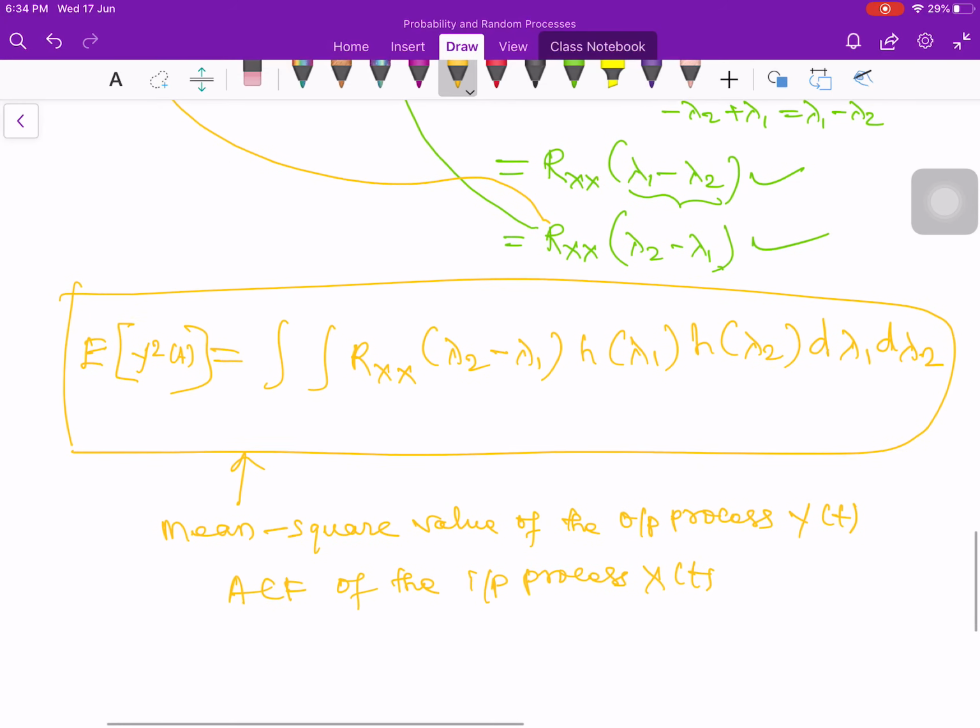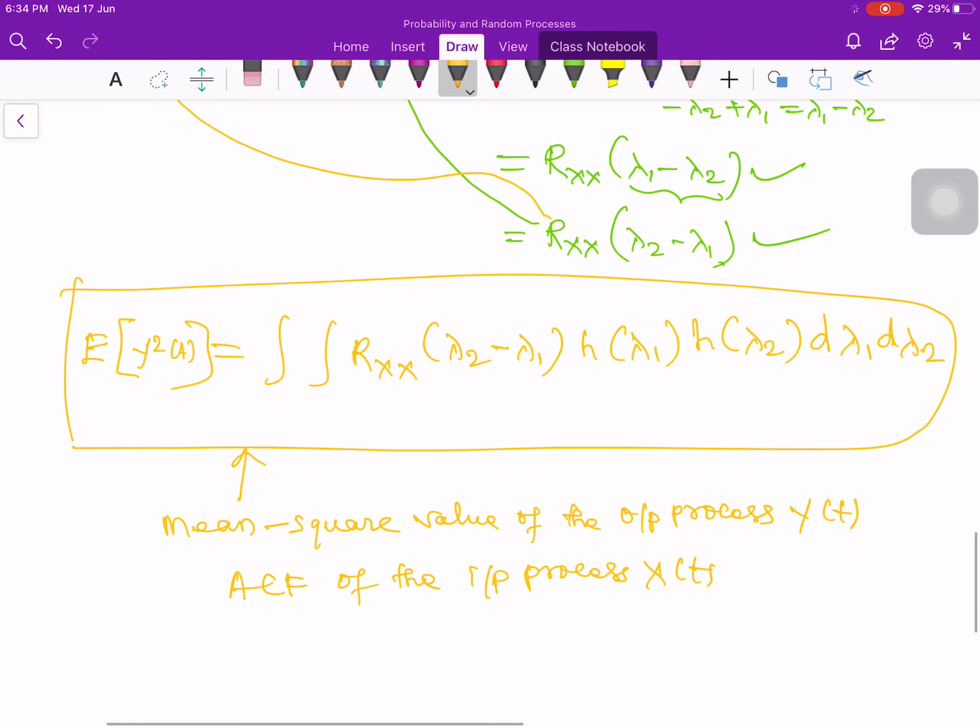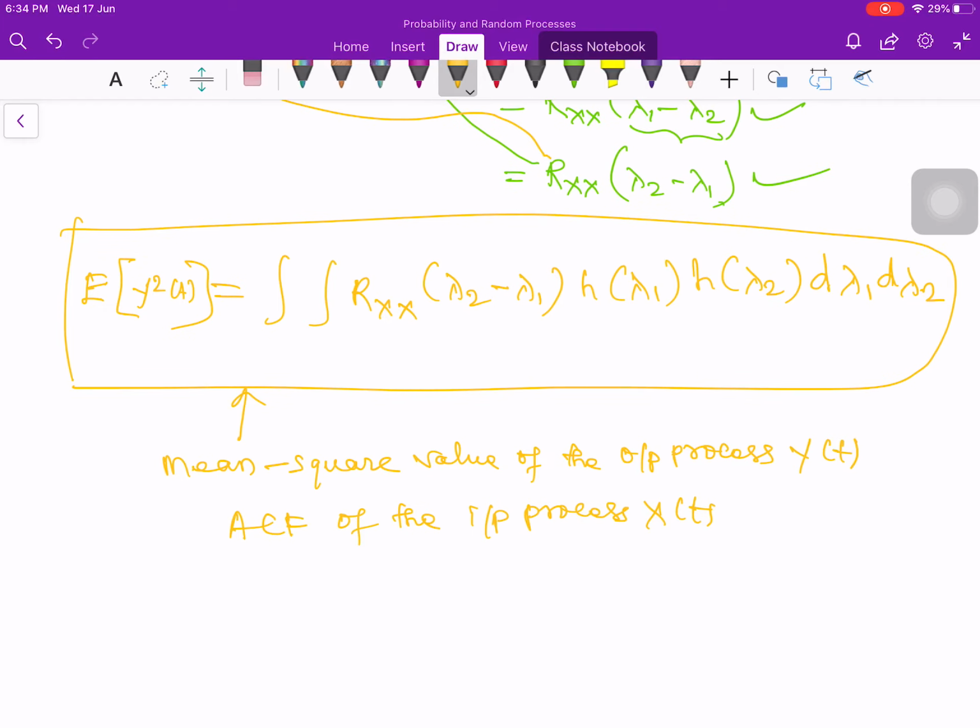You must understand that x of t and y of t are two different random processes. So what we are doing is expressing the mean square value of one process in terms of the autocorrelation function of the other process.